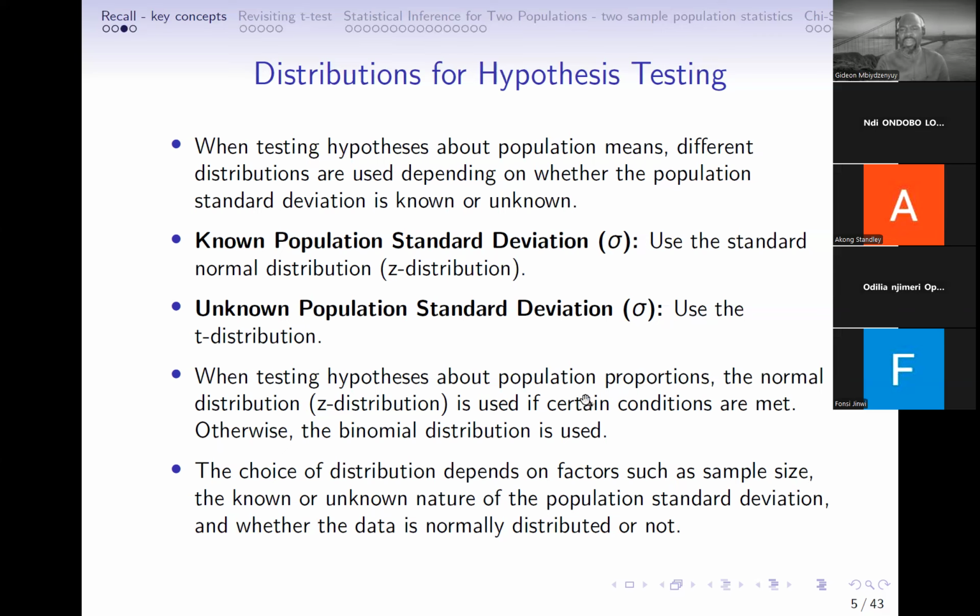They are also dependent on whether we know or we do not know the standard deviation of the population. This idea, whether we know or we do not know the standard deviation of the population, seems to be very useful, as you've seen, in deciding whether we are using a certain distribution, particularly whether we are making assumptions about the normal distribution.